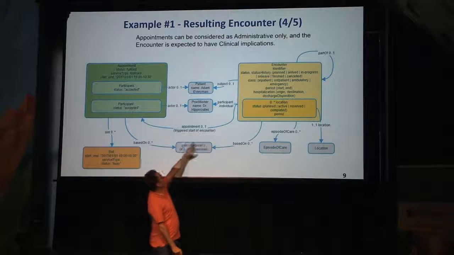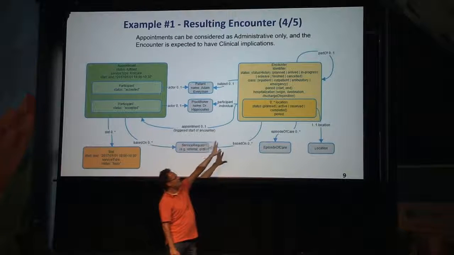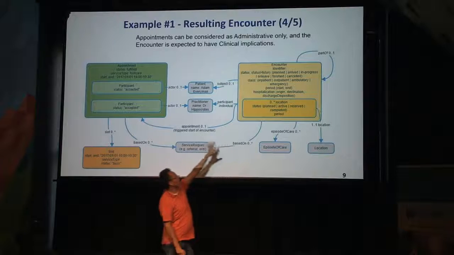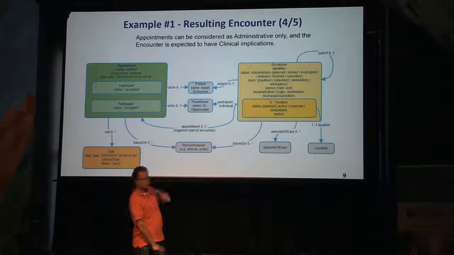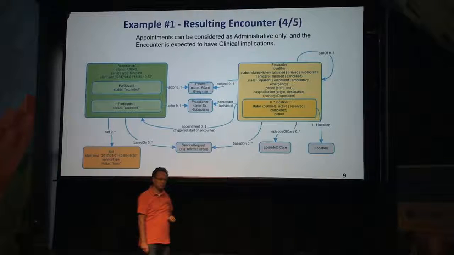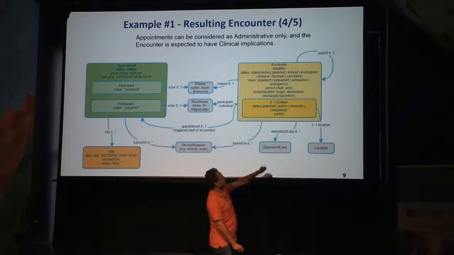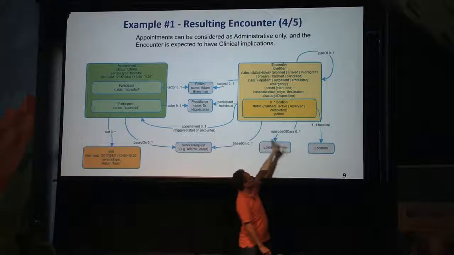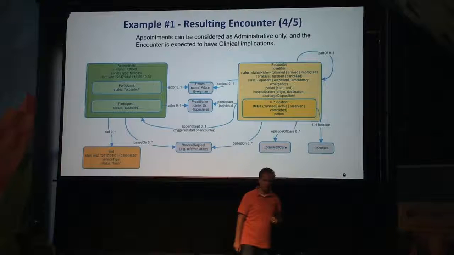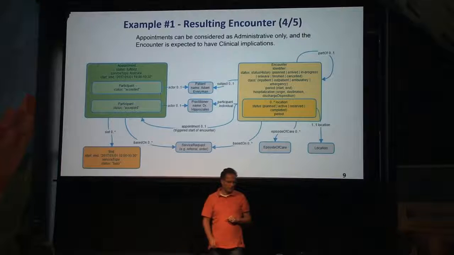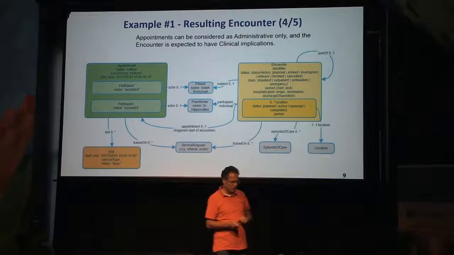And there is a reference here to point out that the encounter is the result of a prior appointment. Okay? And the encounter, but that's the details of an encounter, is associated with an episode of care, takes place at a particular location. But that's, in and of itself, nothing new.